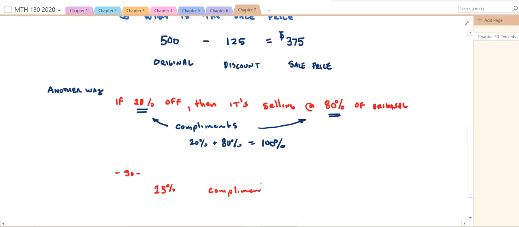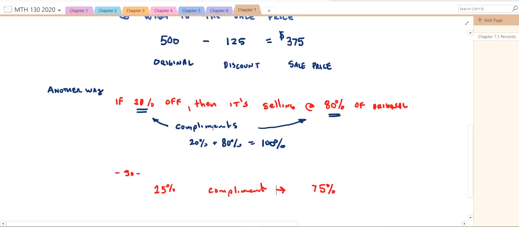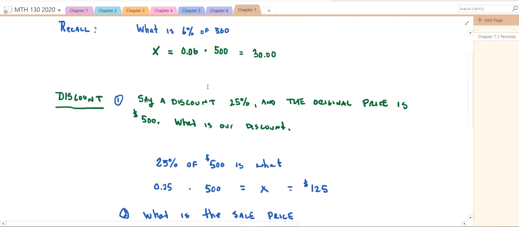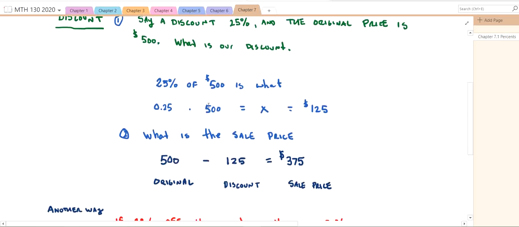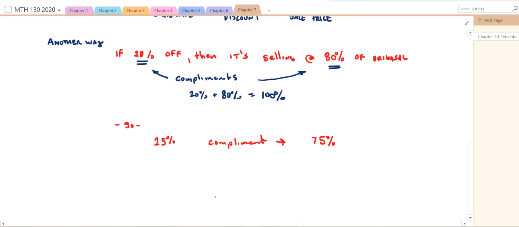Then the complement of that is 75%. So if you can recognize what the complement is, you can skip the step of calculating the discount and then subtracting from the original price and just do it all in one step.